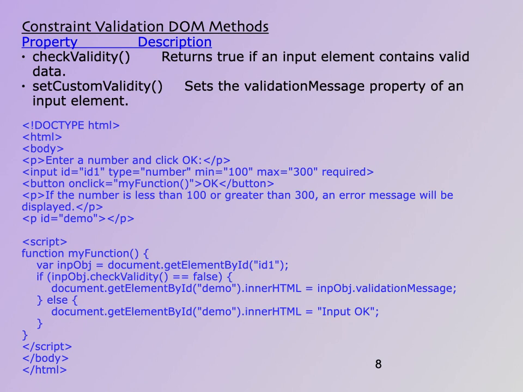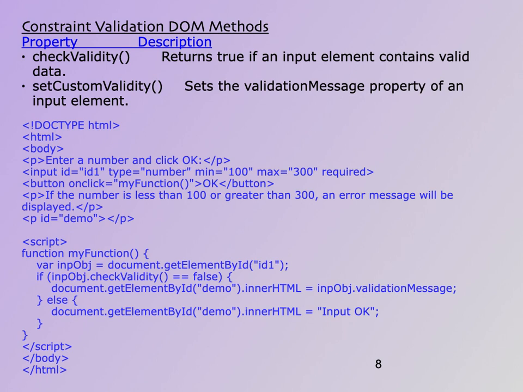See here, in our example, the input id is equal to id1, the first input number field, type is equal to number, min is equal to 100, max is equal to 300, and the required attribute, these three attributes are specified. For example, if the number is less than 100 or greater than 300, an error message will be displayed by the checkValidity method's condition check.